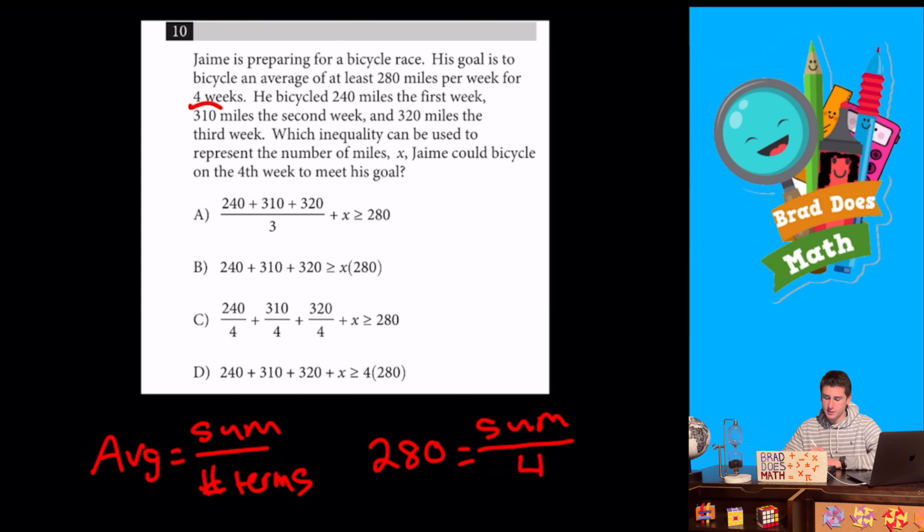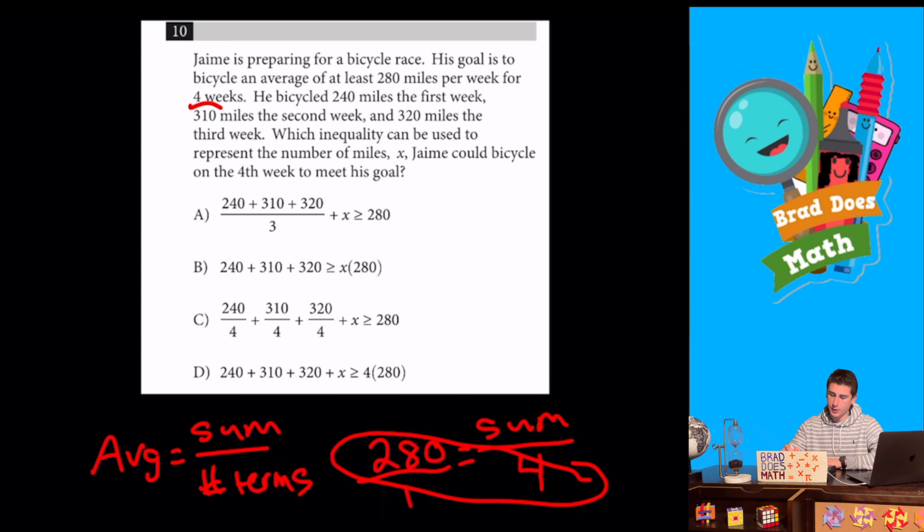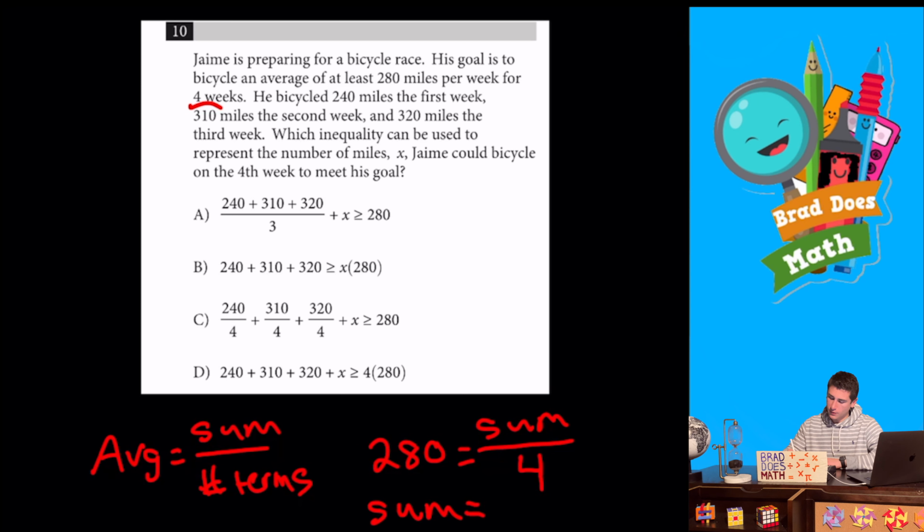So 4 terms. That means the sum of our miles traveled, if we just cross multiply, go straight across there. And we could put that like over 1, cross multiply there. And we know that the sum is just going to equal 4 times 280. This is a non-calculator section, so we shouldn't have to do any multiplication like that.